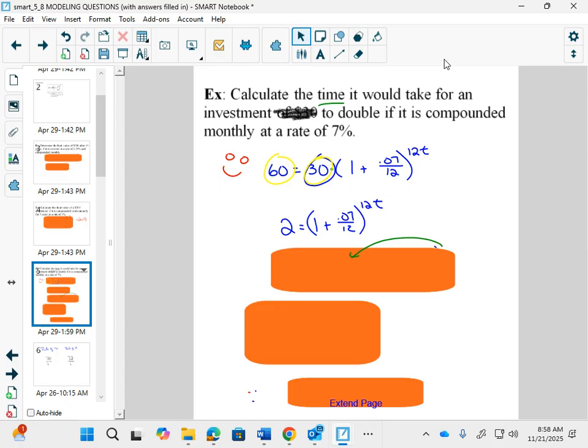So if you put 10 and 20, or 5 and 10, or 3 and 6, if you simplify it, you'll always get 2. And sometimes on the exam, they'll just say, calculate the time it takes for something to double or something to triple, and they don't give you the value, and students get stuck. Well, pick any number.